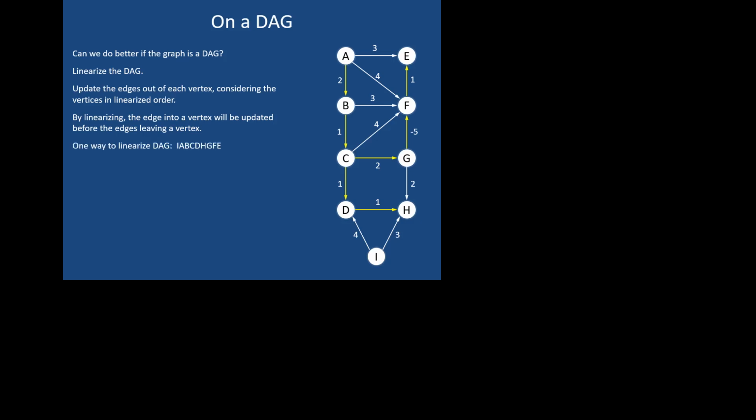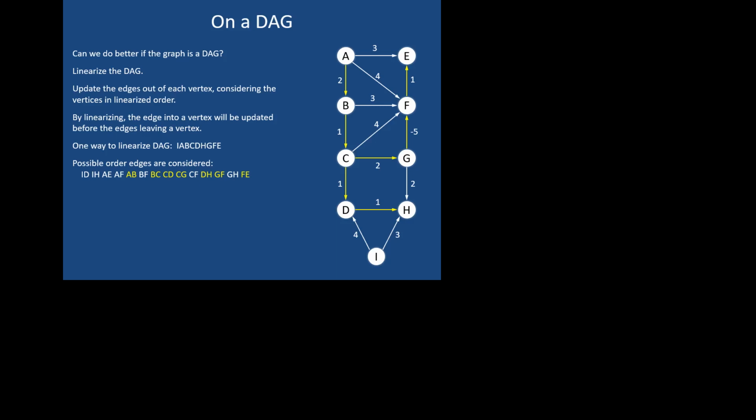So here's one possible linearization. I threw I in just for the heck of it. That could come first. It's a source. So I, A, B, C, and so on. And subject to that ordering, here's a possible order the edges may be considered. There'll be edges out of I, which don't matter. These edges out of A. Then we do AB.